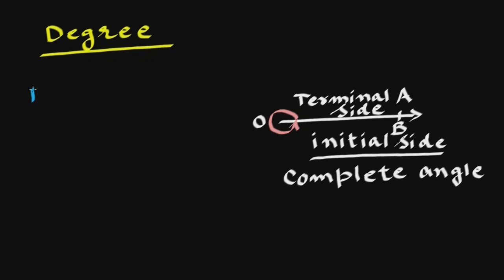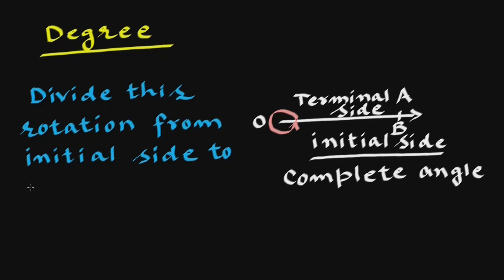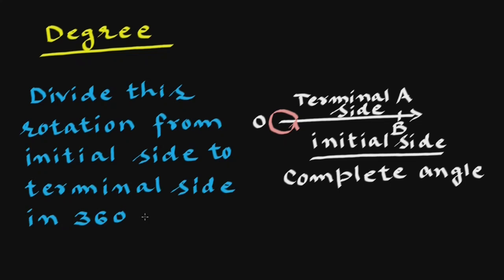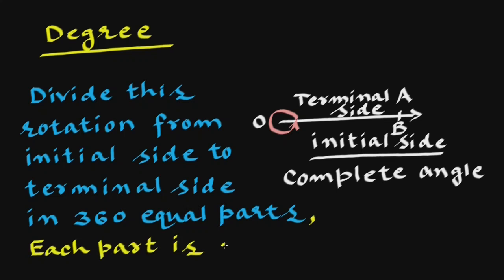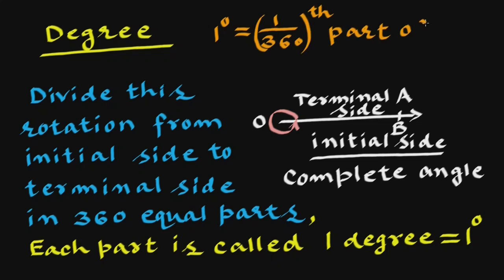If we divide this rotation from initial side to terminal side in 360 equal parts, then each part is called 1 degree and it is denoted as 1°. So 1 degree is 1 upon 360th part of a complete revolution or a complete angle.